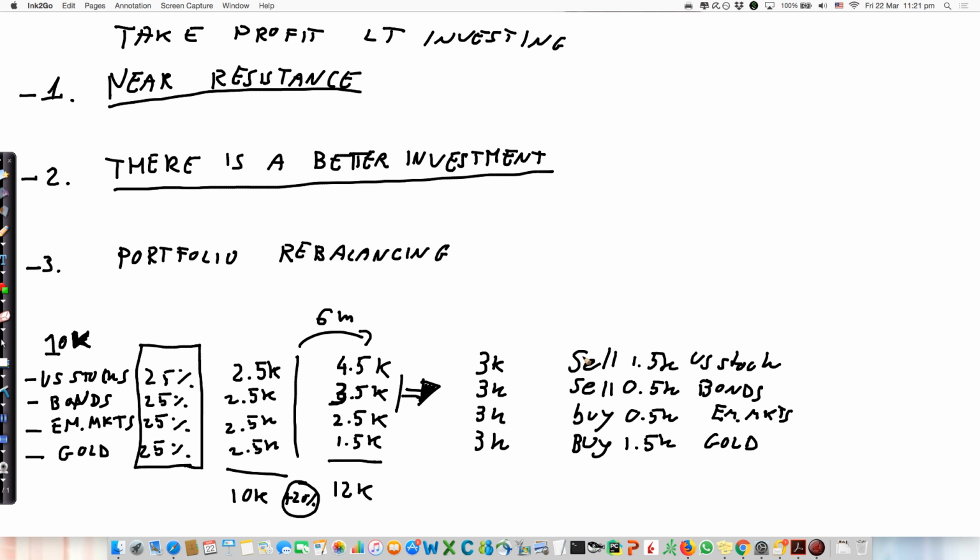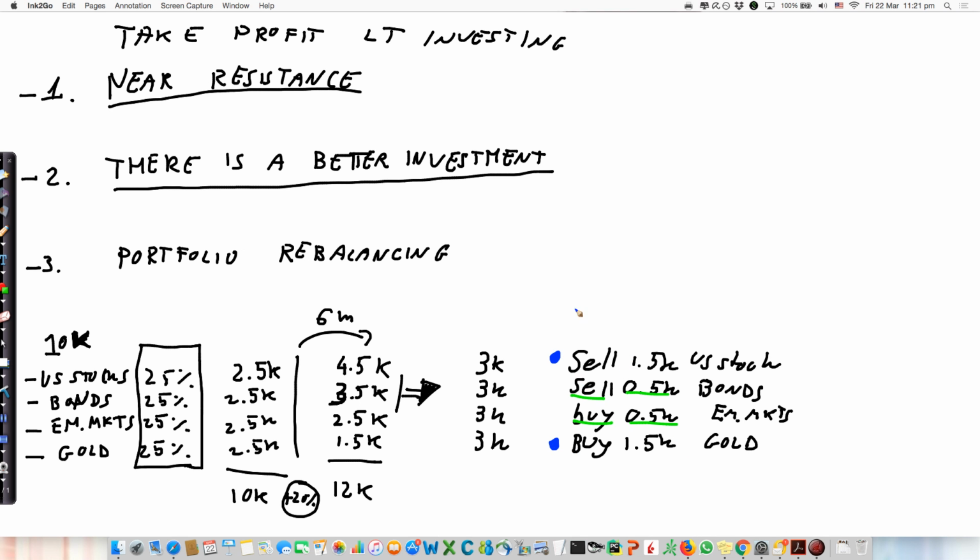So you see what you are doing, you are selling something to buy something else. You are selling these 0.5k of bonds to buy 0.5k of emerging markets. And at the same time, you are selling 1.5k of stocks to buy 1.5k of gold.